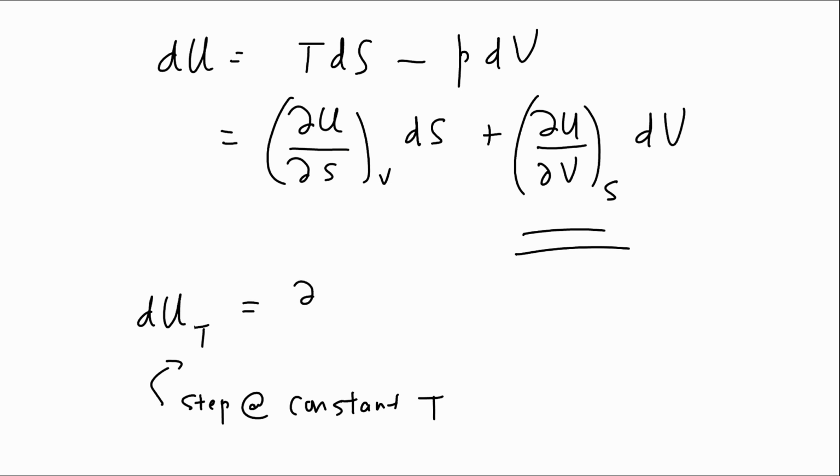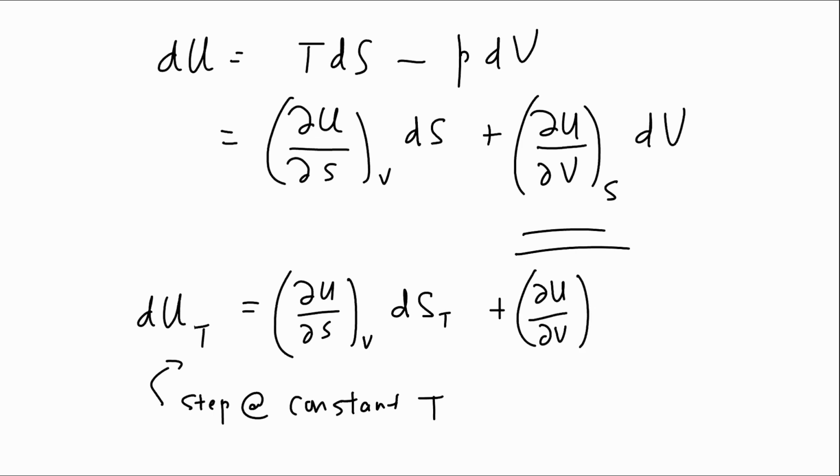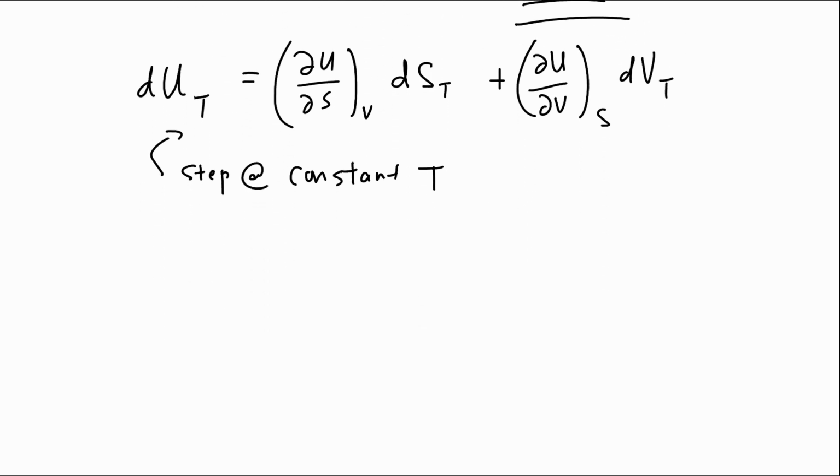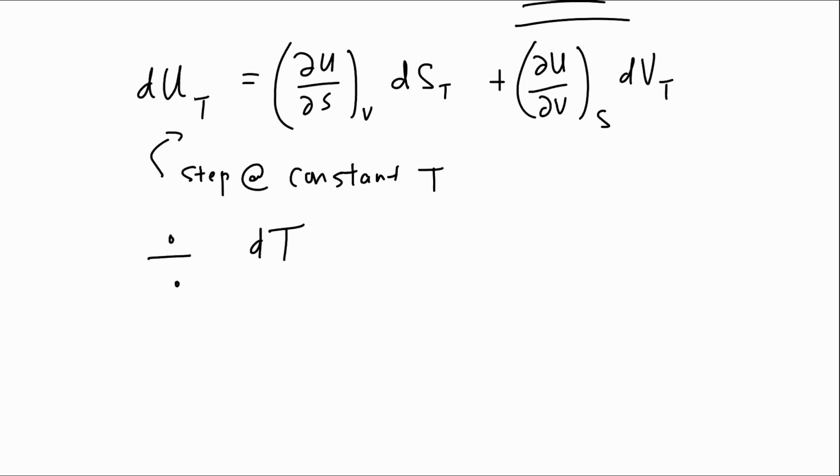I have this thing, partial U, partial S at V, and I'm going to take dS at constant T, plus partial U, partial V at constant S, and then dV at constant T. Okay, and so I have these three differentials, and let's just divide by dT. Is that what I want to do? No.